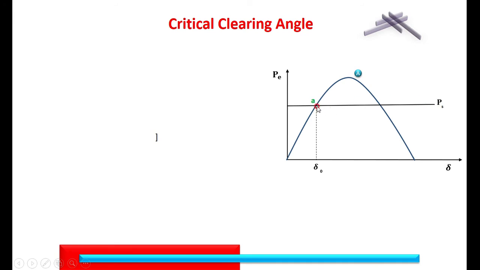Now suddenly a fault occurs, then what happens? The power angle curve is shifting from A to B because the reactance is increased.